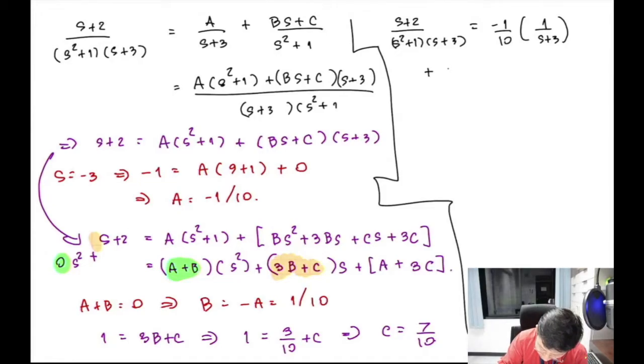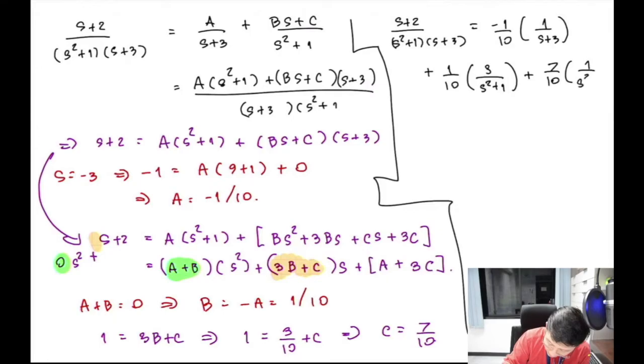B is 1/10, times s divided by (s squared plus 1), and then plus C, which is 7/10, times 1 over (s squared plus 1). Okay, and that is actually F(s).